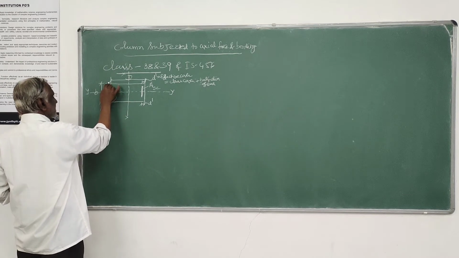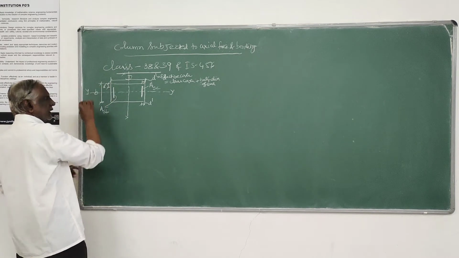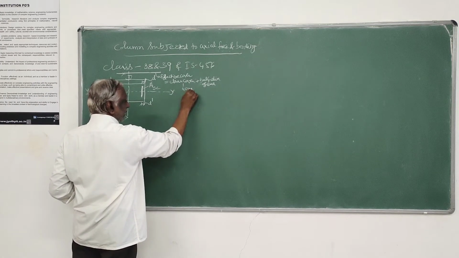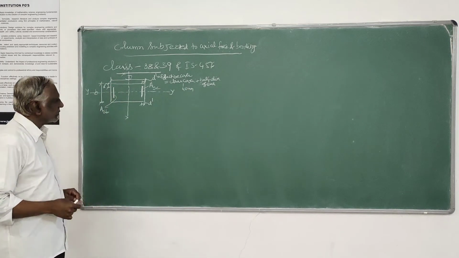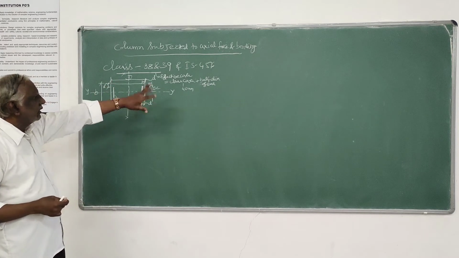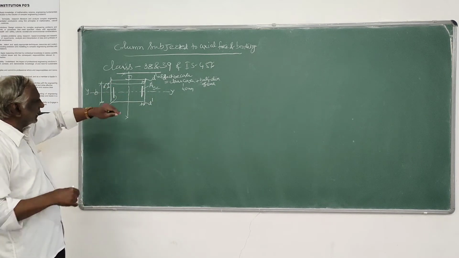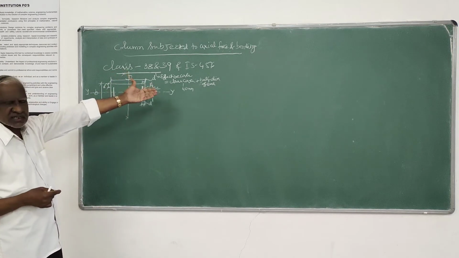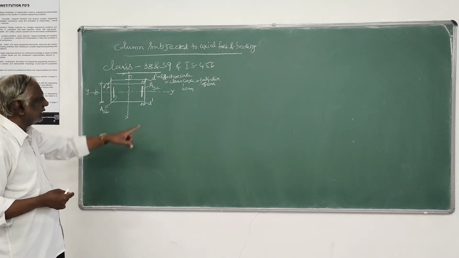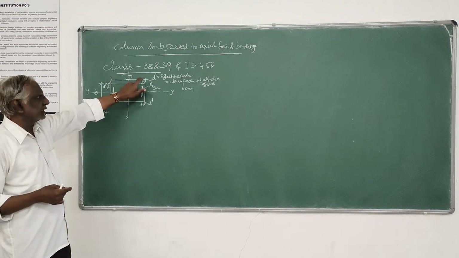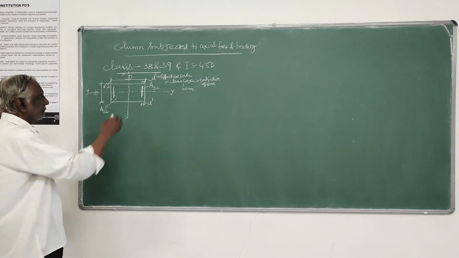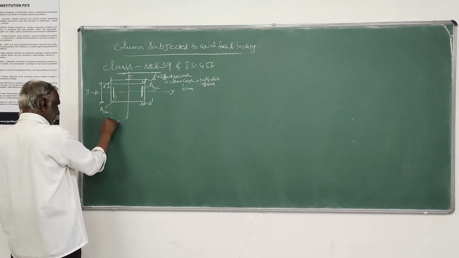Usually the clear cover will be 40 mm, as already told in the general specifications for all columns. 40 mm clear cover we have to maintain to the main longitudinal steel, whatever size of steel you select for design. This is also one dimension which we have to remember before going for design.